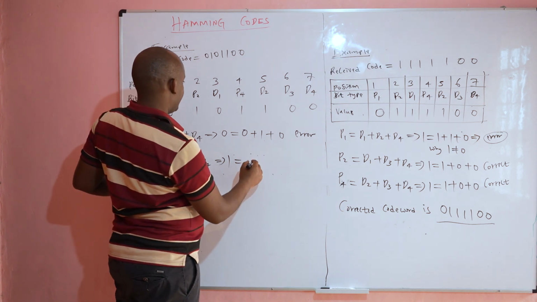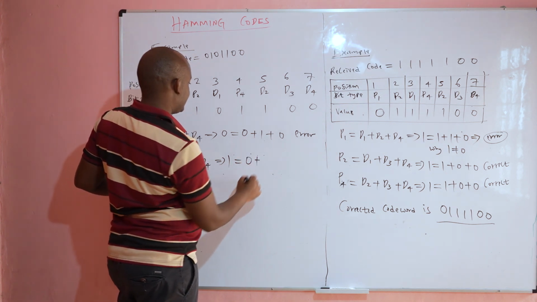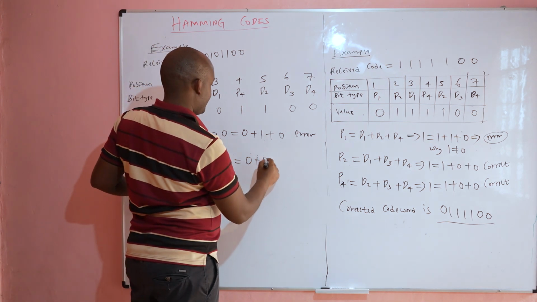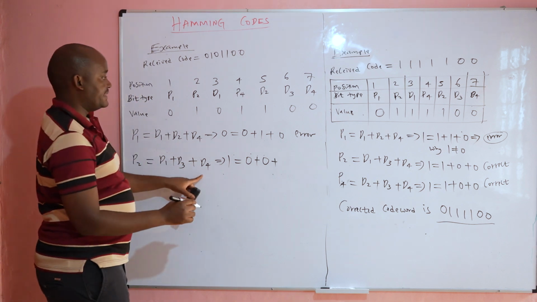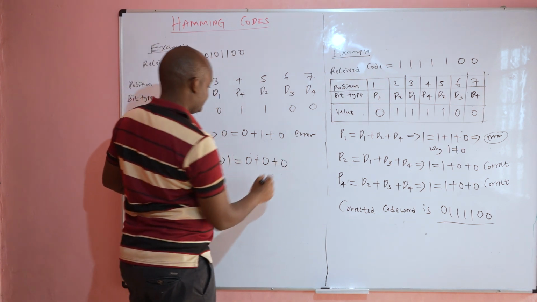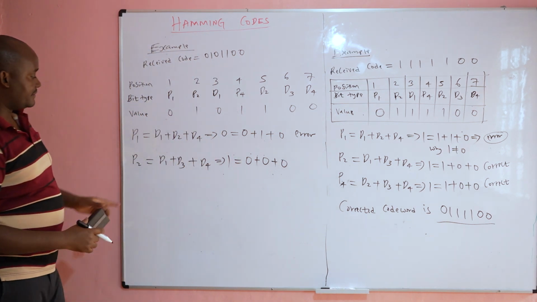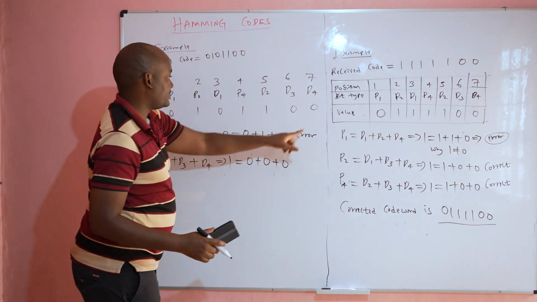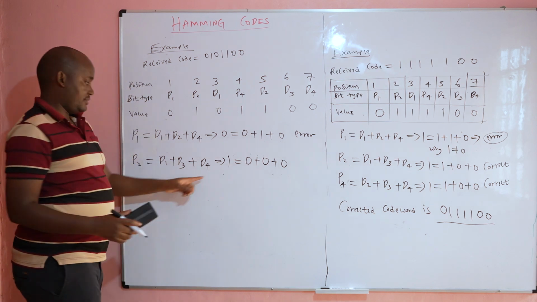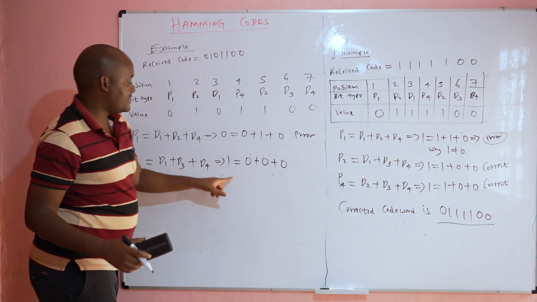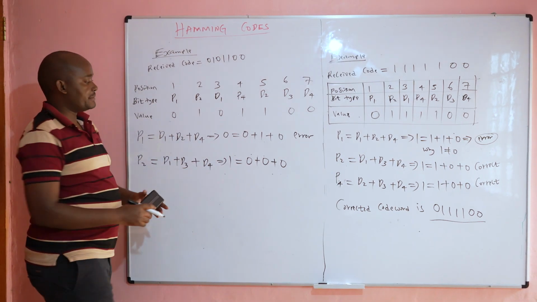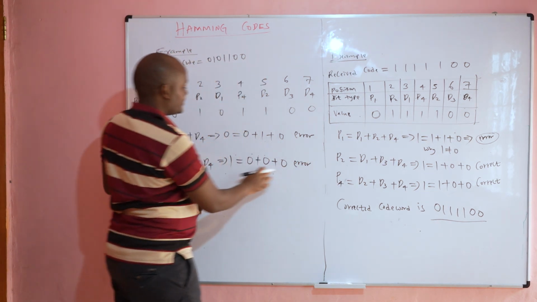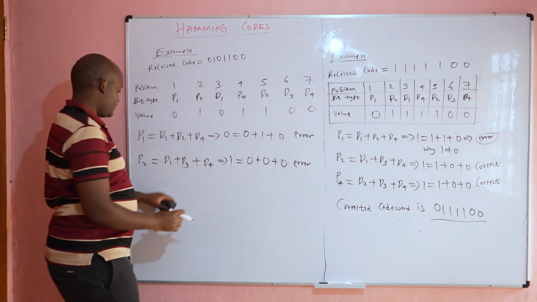Our D1 is 0, plus our D3 is 0, plus our D4 is 0. I repeat, D1 is 0, D3 is 0, and D4 is 0. So when you add this up, are you getting 1? No. So once again you have an error here. If it was correct, it should have been 0.